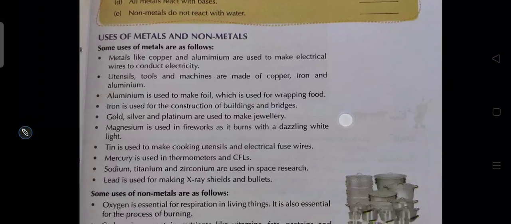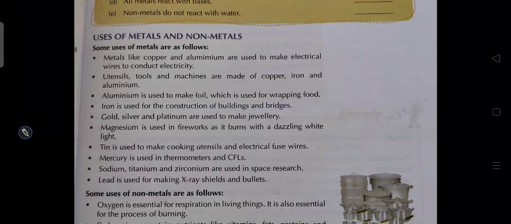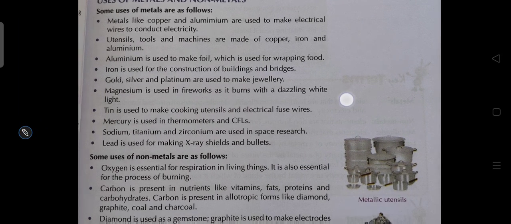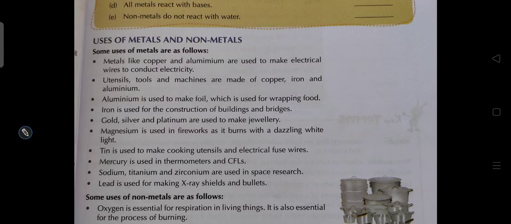Now the usage of metals and non-metals. Students, in our daily life there are uses of metals and non-metals. Some uses of metals are as follows. Metals like copper and aluminum are used to make electrical wires to conduct electricity. Utensils, tools and machines are made of copper, iron and aluminum. Aluminum is used to make foil for wrapping food.